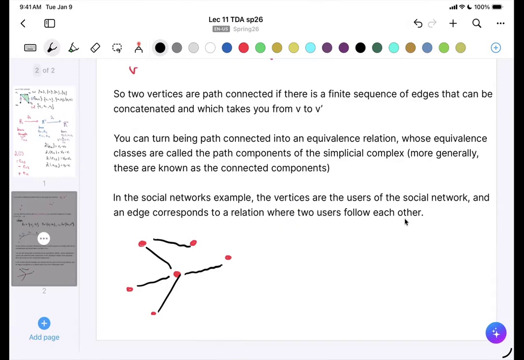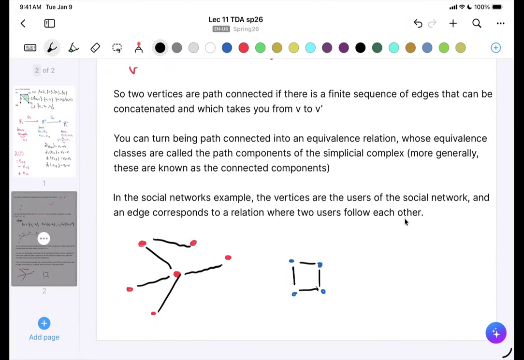And then there's a separate clique of students who are doing their own thing, and they don't interact with one another, right? These two cliques of groups.